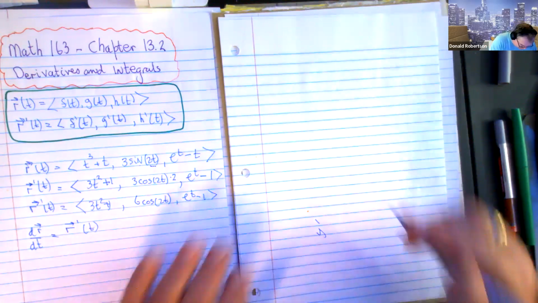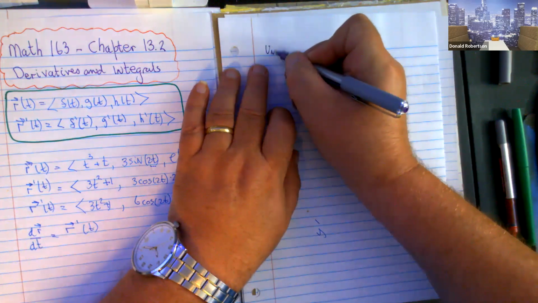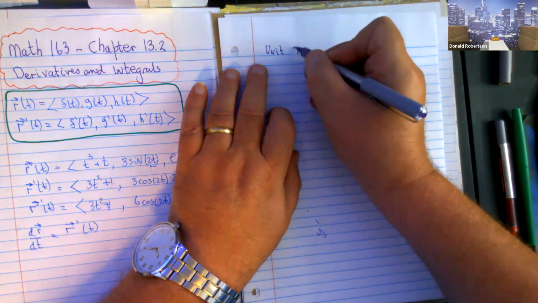Our last thing. Well, now that I've said that, I realise there's one more after this, but that's fine. Always do that. Always forget one little guy. We are going to find what is called the unit tangent vector.